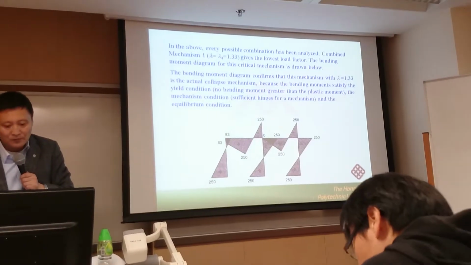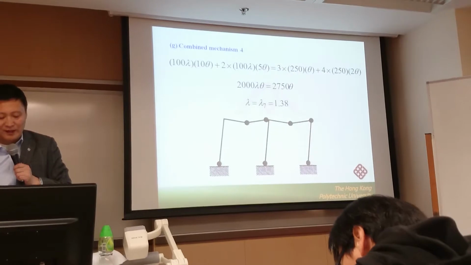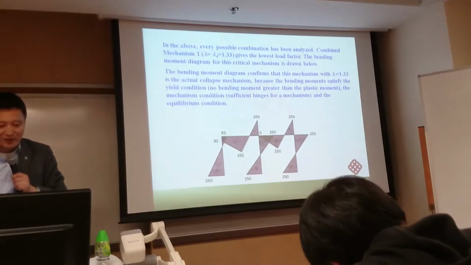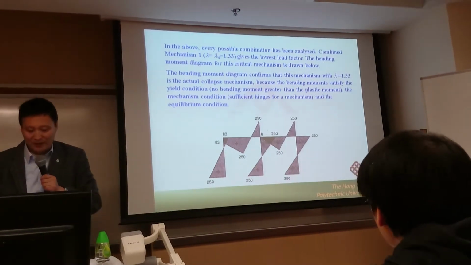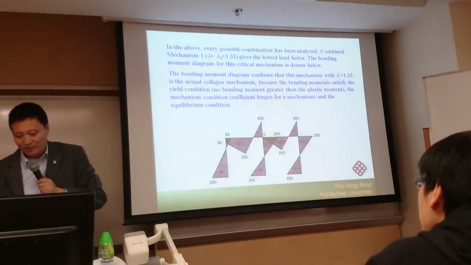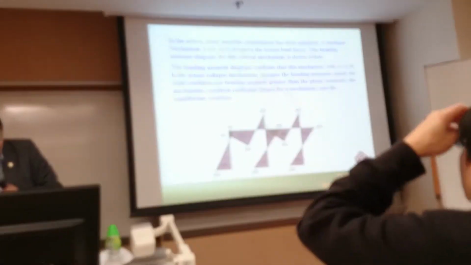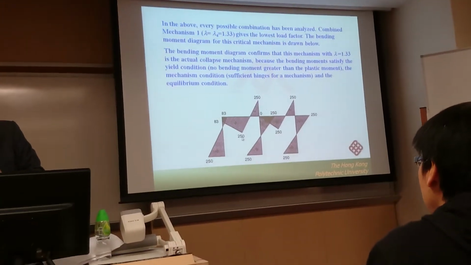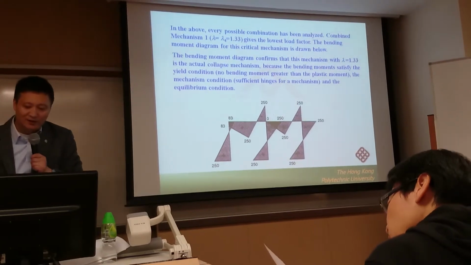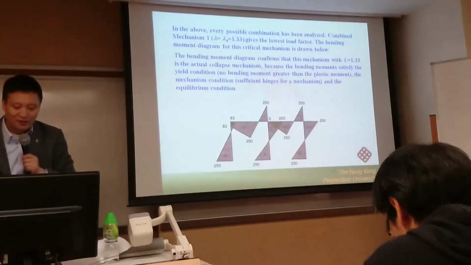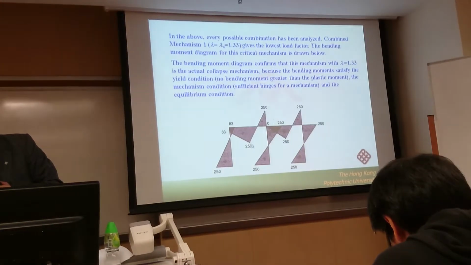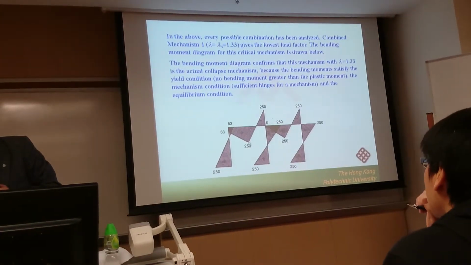So I just mentioned you can do the moment check. This is a result from the textbook, but I find some problem, because I don't know what the meaning of this moment is. This moment is equal to 250. 250 means this is a plus hinge. So what does this value mean?